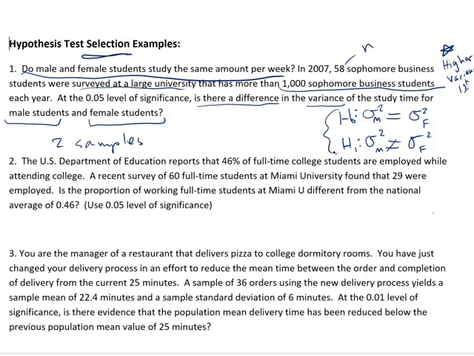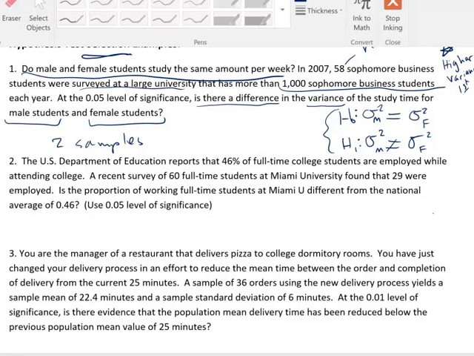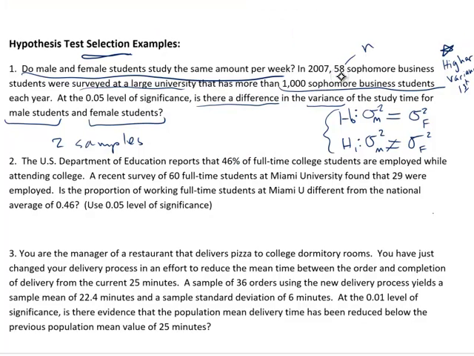U.S. Department of Education reports that 46%. All right away I see that there's a proportion. So it's going to be some kind of a proportion. In fact, let me switch colors really quickly. Switch to green. We have a proportion listed right away. Proportion, and I wrote sample proportion or population proportion.